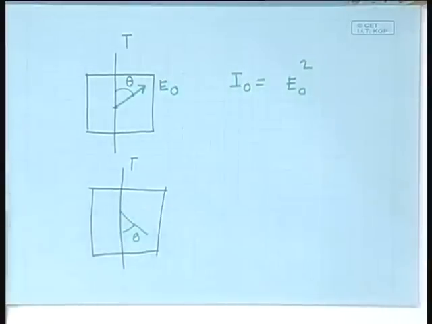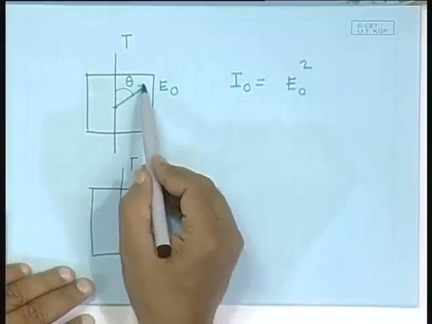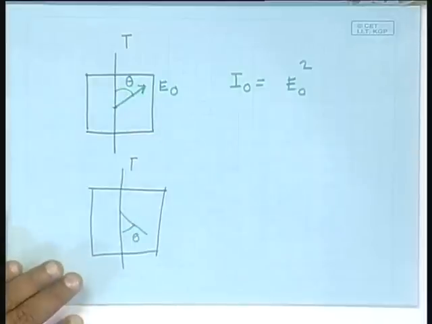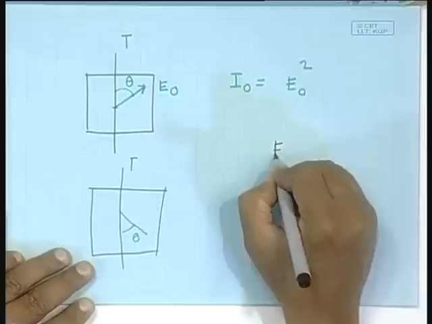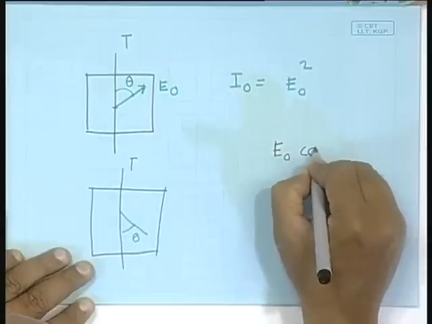Now, remember that only the component parallel to the transmission axis is allowed to pass through. So, the amplitude of the vector that is allowed to pass through is E naught cos theta.